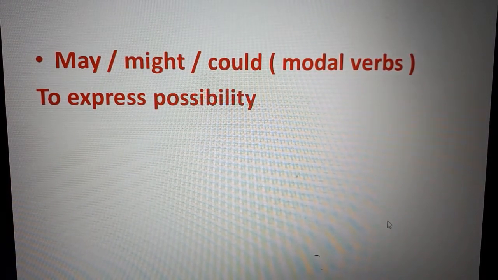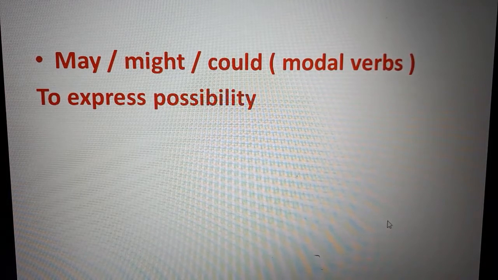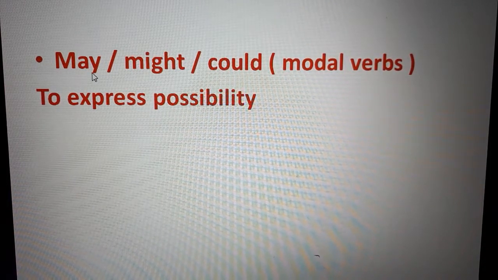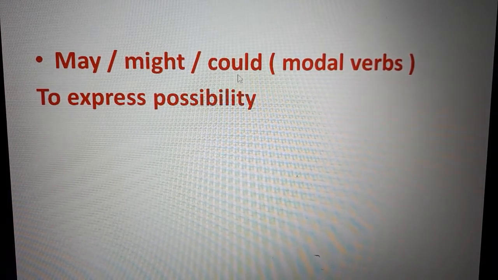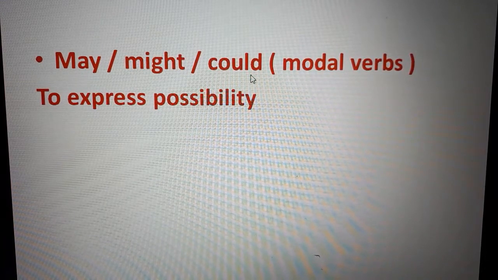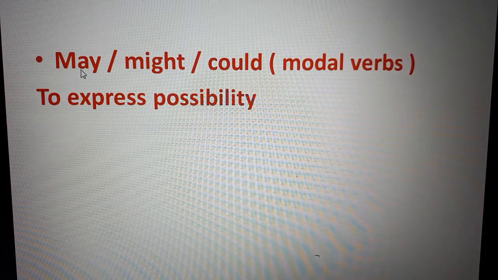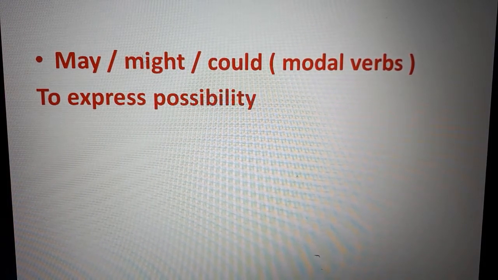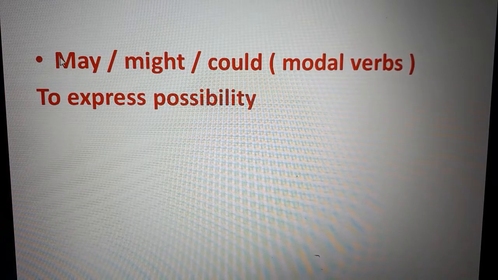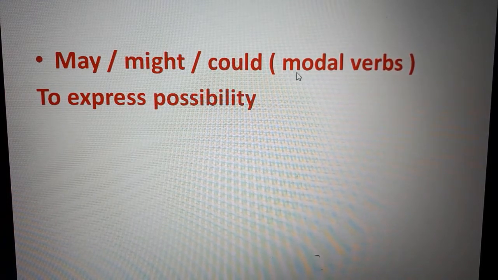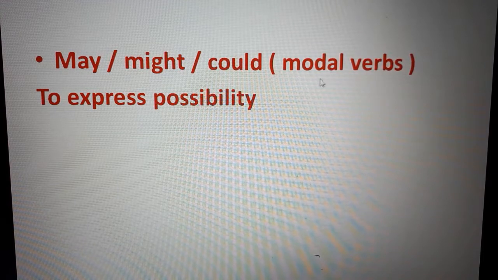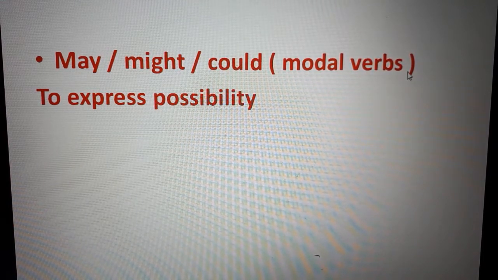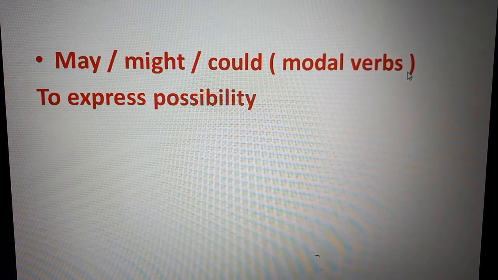Now, the second part of this grammar is may, might, could. In English, may, might, could refer to a family called modal verbs. These verbs belong to a family called modal verbs in English. Modal verbs means defective, special verbs.